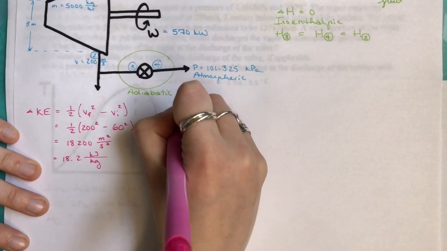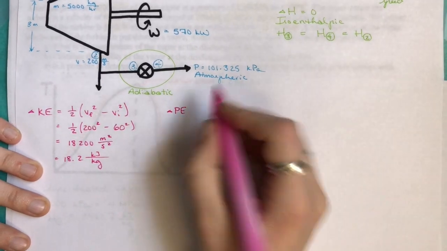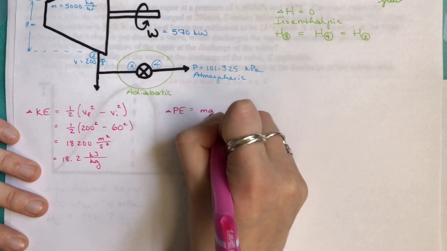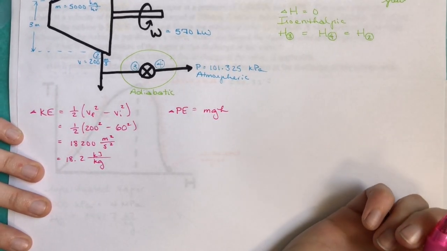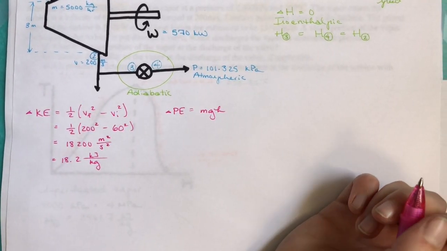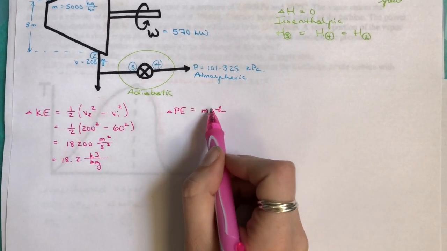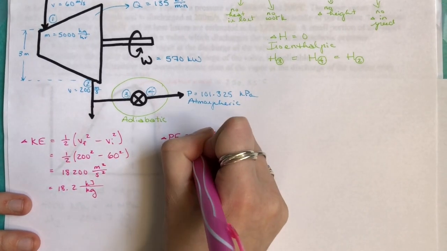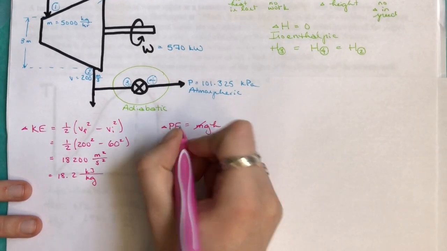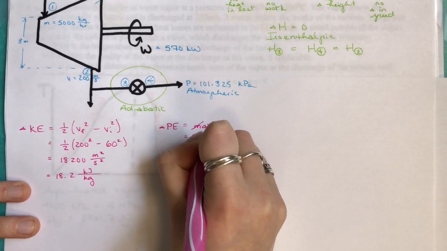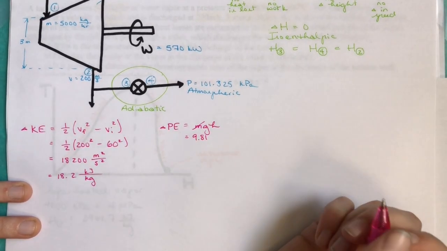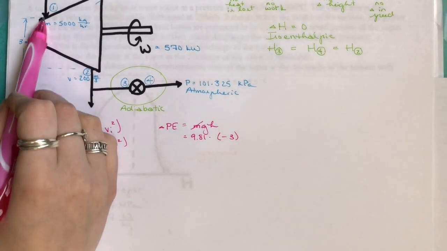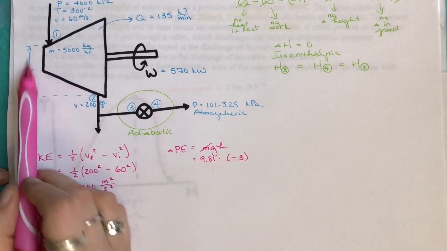Next, we're going to move to the change in potential energy. Again, a really common equation: potential energy equals mass times gravity times the change in height. What we're going to see again is that because mass is a flow through the system, it's always going to be constant. So we're going to ignore it again in this equation. We're going to plug in 9.81 meters per second squared times our change in height, which is a negative 3 meters, as we see up here.